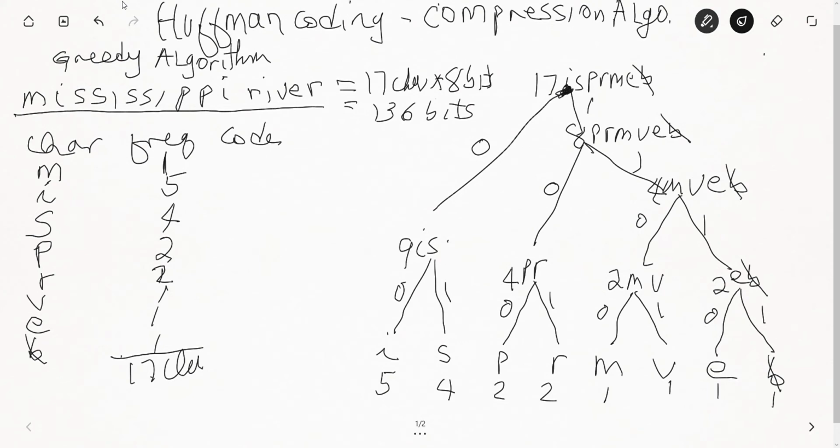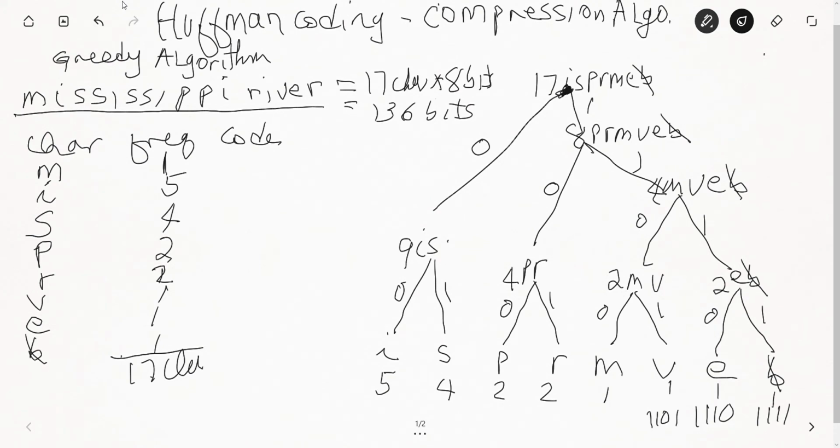If I want to go to blank, I go 1, 1, 1, 1. So blank is represented as 1, 1, 1, 1. How about E? 1, 1, 1, 0. How about V? 1, 1, 0, 1.